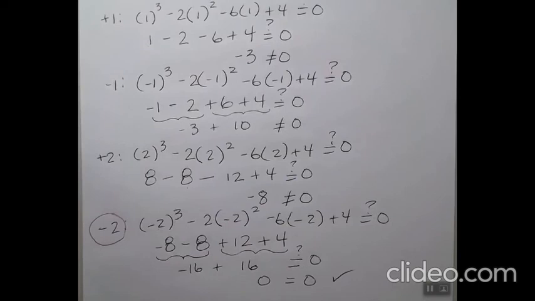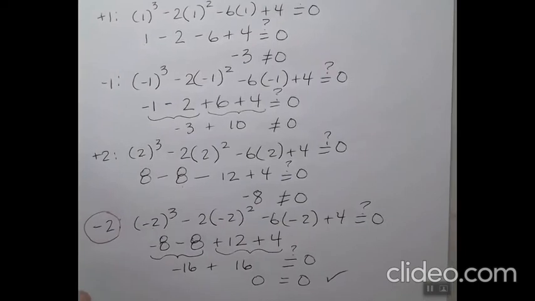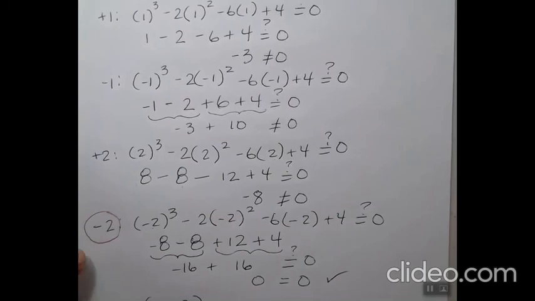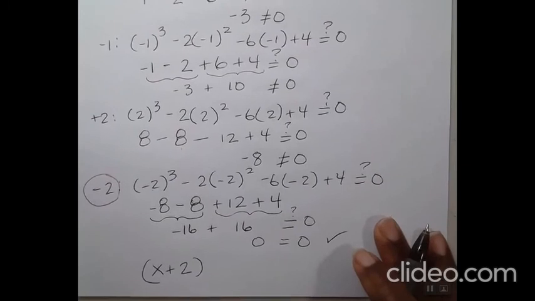So negative 2 is a root that will work for us, which we would write as x plus 2. If we're using the root x equals negative 2, it means x plus 2 is the factor.